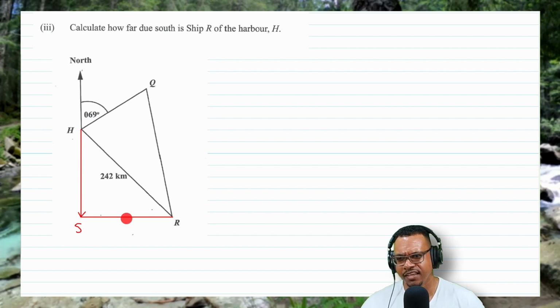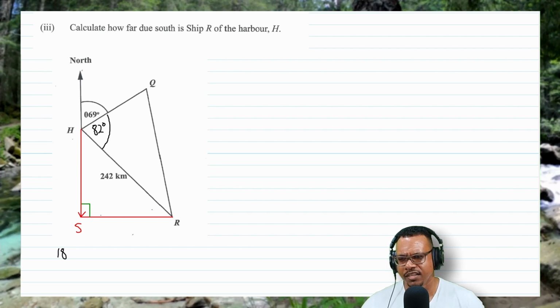So what you'll have forming here would be a right angle triangle. So I'm going to put in the right angle here. This 242 will be the hypotenuse of the right angle triangle, and what we want to find is this side here. If you recall, here was 82 degrees. And therefore, this being a straight line, which would be a straight angle, 180 degrees, we could add up the 82 and the 69 and subtract it from 180, and we get this angle here.